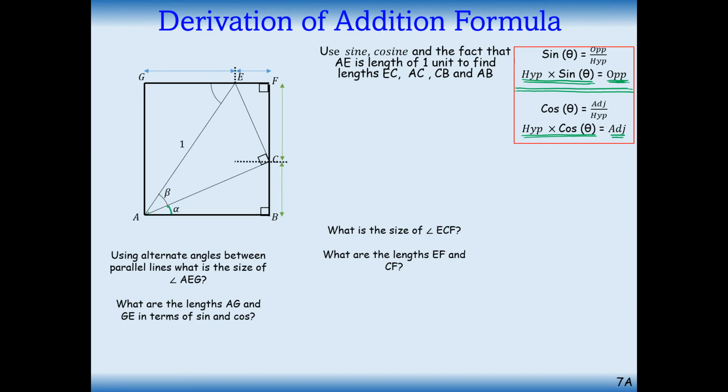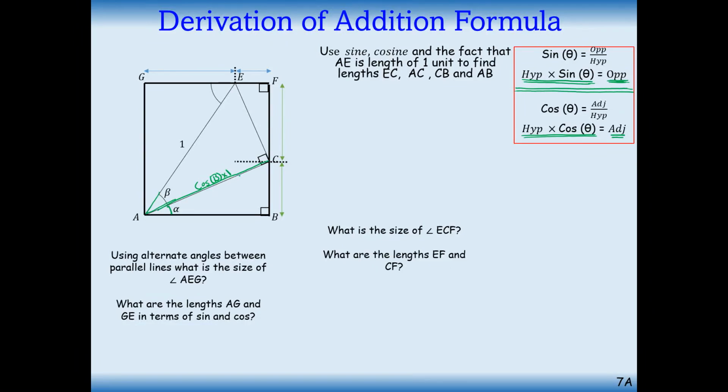So the length A to C has a hypotenuse of 1. The cosine of the angle inside this triangle, beta, multiplied by the hypotenuse of 1, leaves it as cos beta.